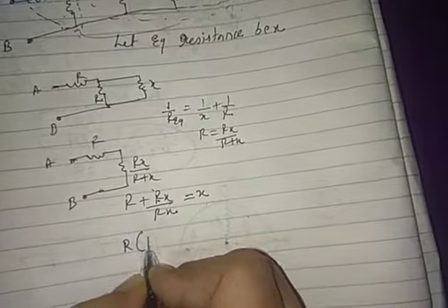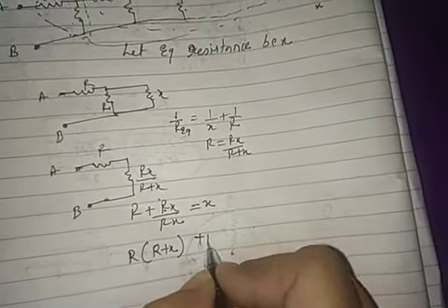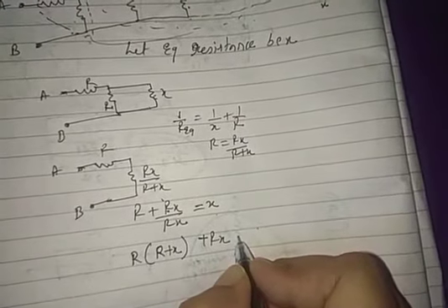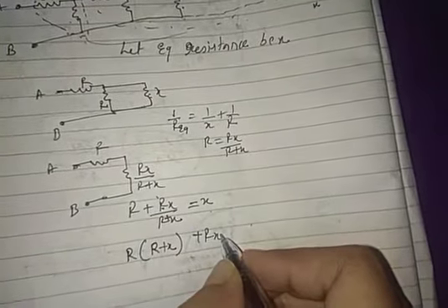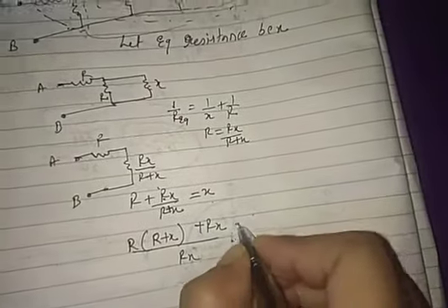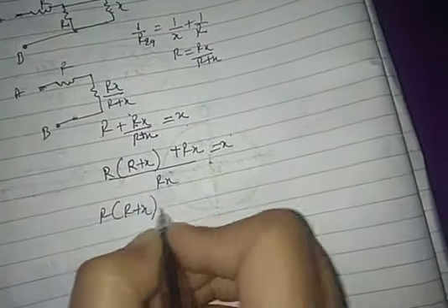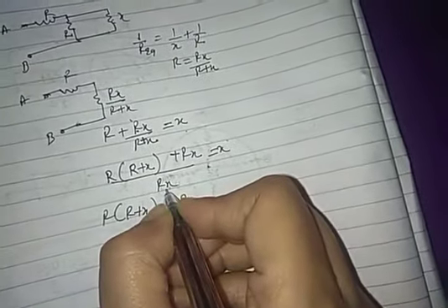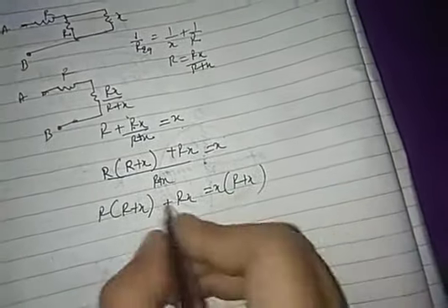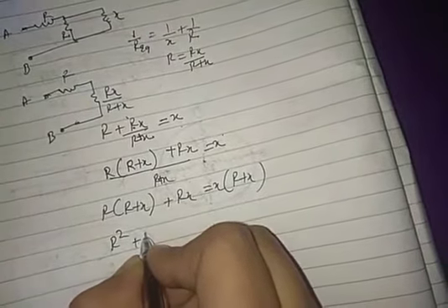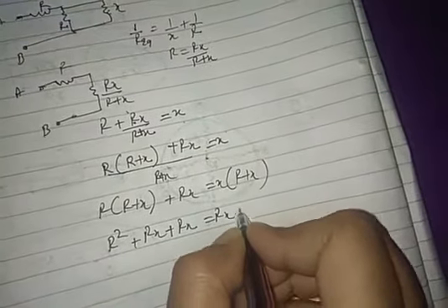R plus RX upon R plus X is equal to X. Now multiply: R square plus RX plus RX equals RX plus X square.